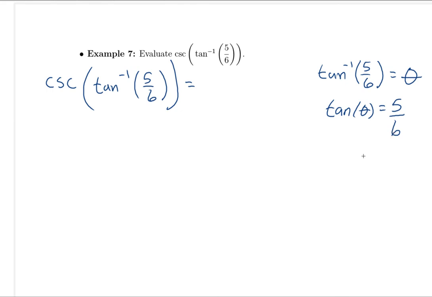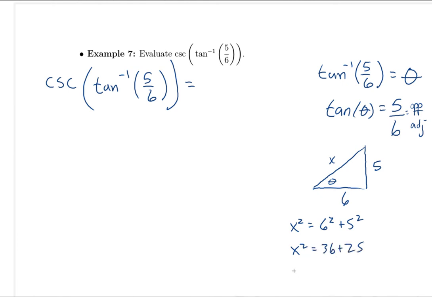As I draw a picture here, tangent is opposite over adjacent, so I label this one as 5 and this one as 6. Of course I can find that x there. x squared is 6 squared plus 5 squared, so x squared is equal to 61, and x is the square root of 61.